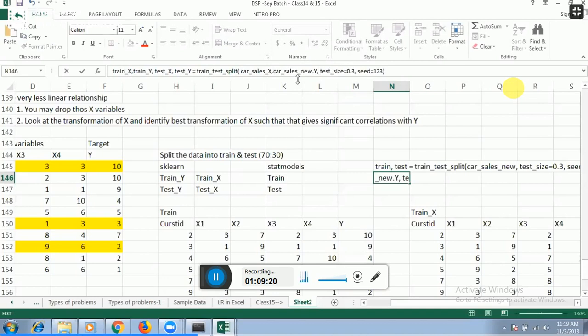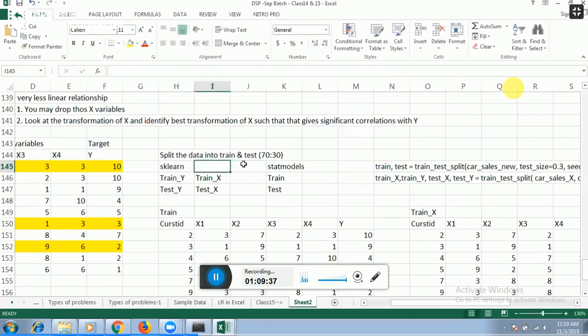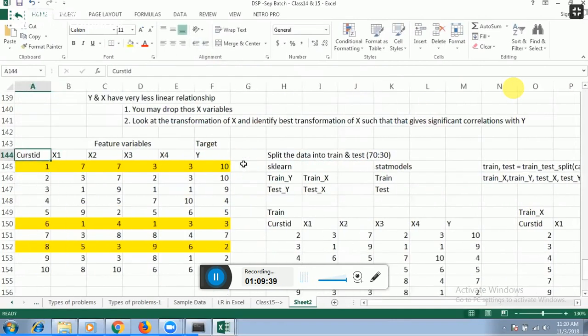If you provide Y, you will get the Y variable second. So if you are specifying train X, you should have X first. The seed is something I was referring to, and I will talk about it.